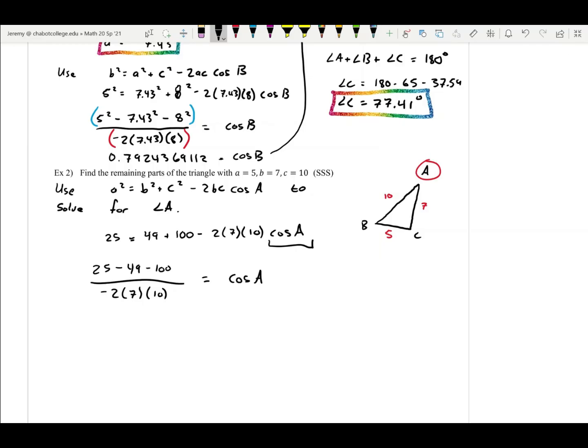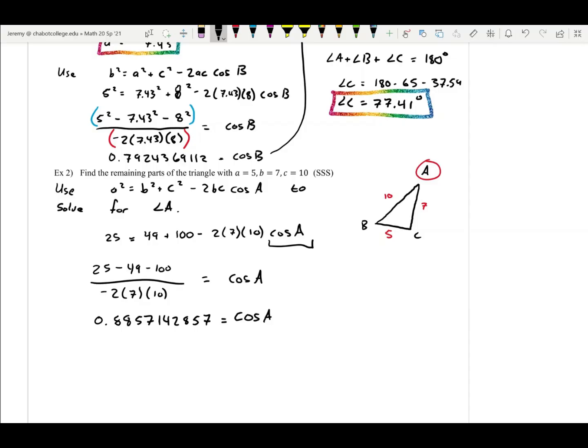And then I carefully type this into my calculator, being sure to use parentheses to group that numerator together and the denominator. And what I end up with is about 0.8857142857.